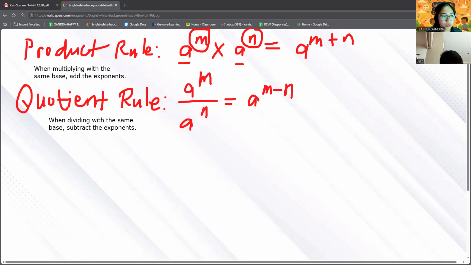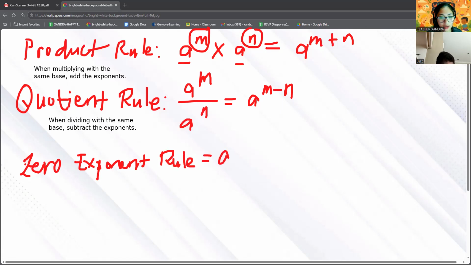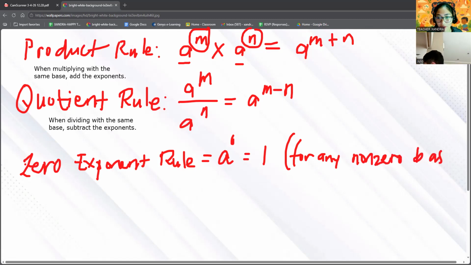So there is also a rule. This is the zero exponent rule. Again, A raised to 0 is always 1 for any non-zero base. And the last rule is what we call the power of power rule.